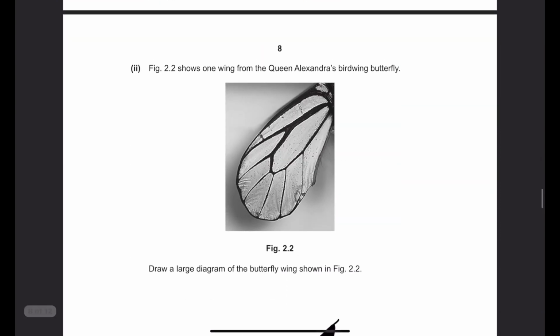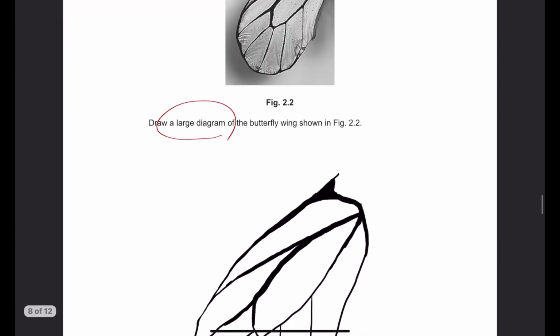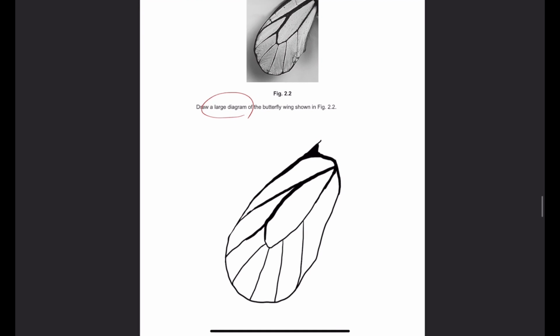And in number 2, you will always get this type of question. You have to draw the large diagram of the specimen that you're given. There are several things that you have to remember. You have to draw a large diagram, which means you have to draw a big one. I've actually drawn one for you.